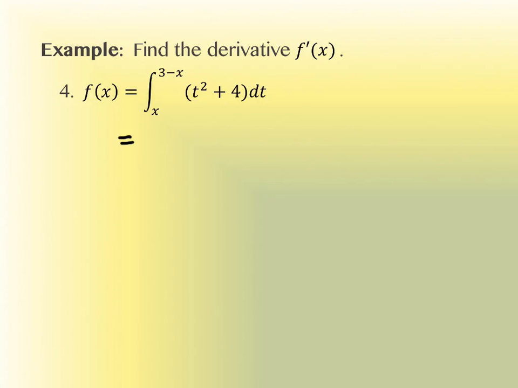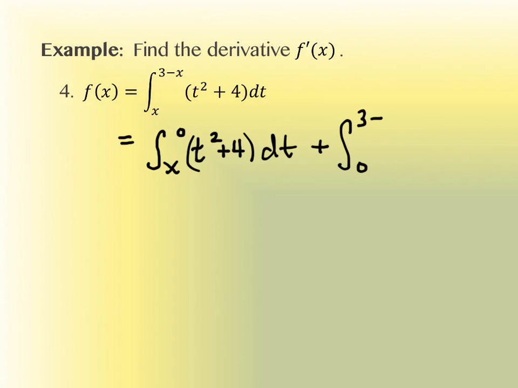We're going to take this integral, and we're going to go from x to 0. And there's nothing special about 0. You can put any number there you'd like, but 0 is just fine. Of the t squared plus 4 dt, plus the integral from 0 to 3 minus x of t squared plus 4 dt.